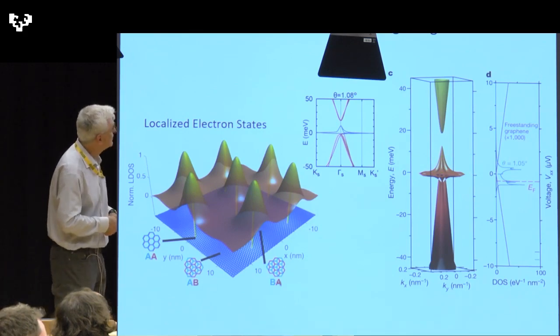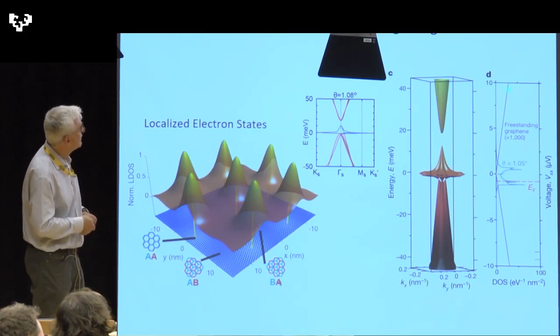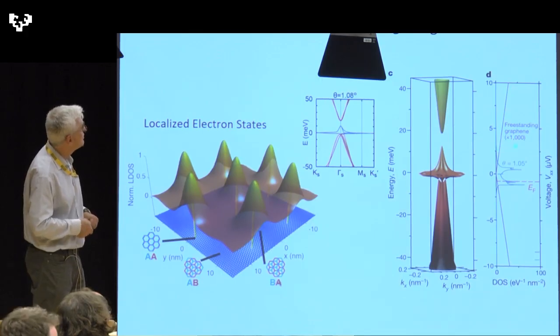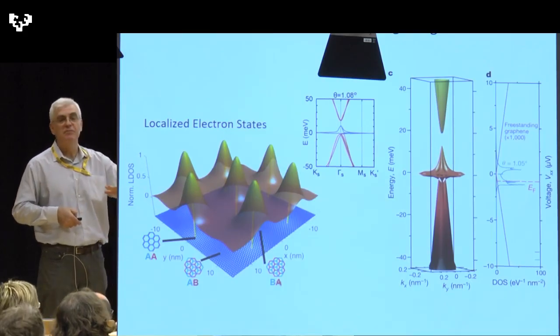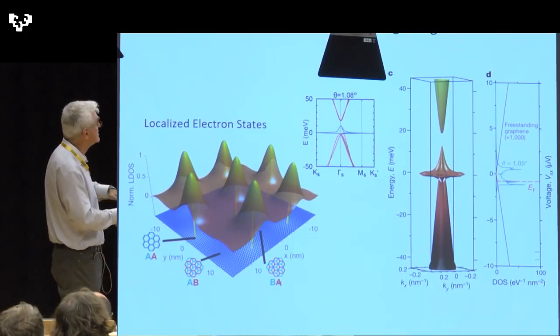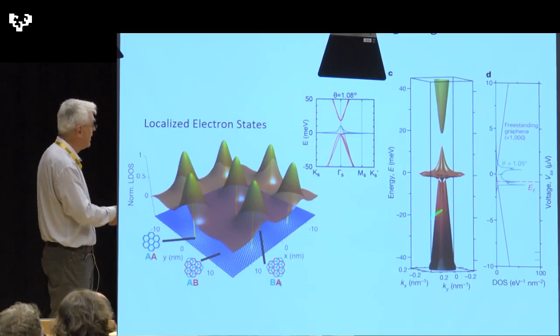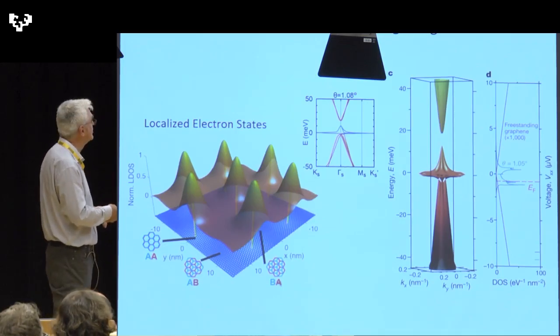By comparison, this straight line here, the purple line, corresponds to freestanding graphene, a single graphene layer, density of states multiplied by a factor of 1,000 to make it visible on the same scale. So these are really very, very special features.